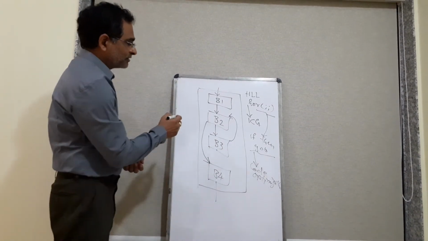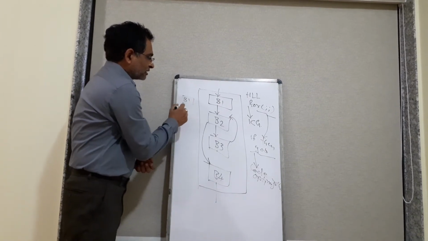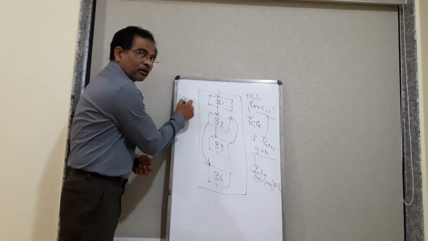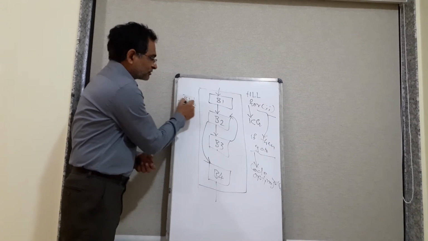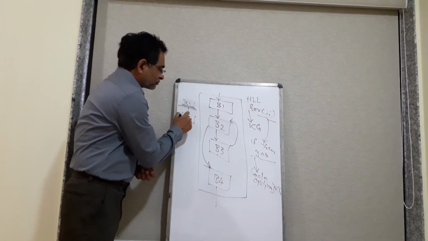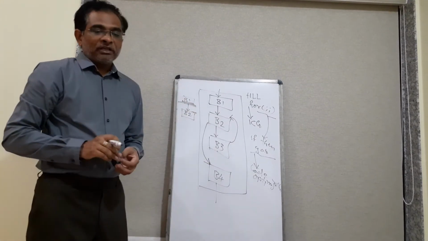What that means is, this block B1 will include the statements up to the last of the block, but will not include the beginning of the next leader. So B2's first instruction will never be part of B1. That is the meaning of that.